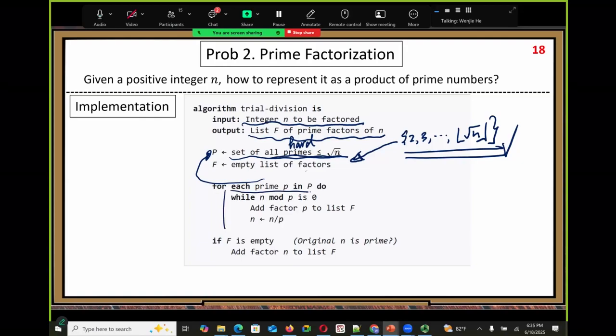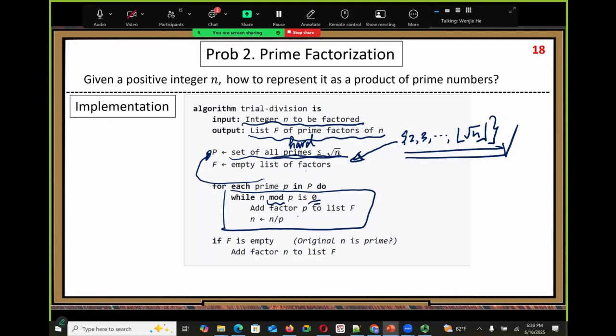You keep applying the mod operation. If the remainder is 0, you do it again, another time, until the remainder is not 0, and then you get out of the while loop.